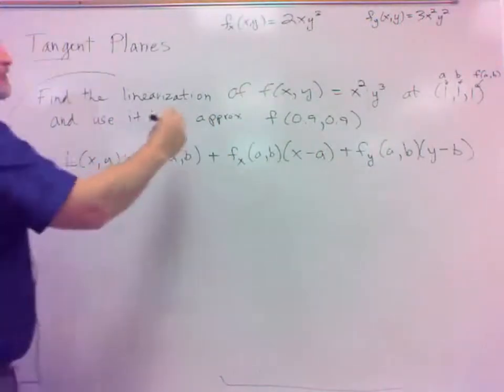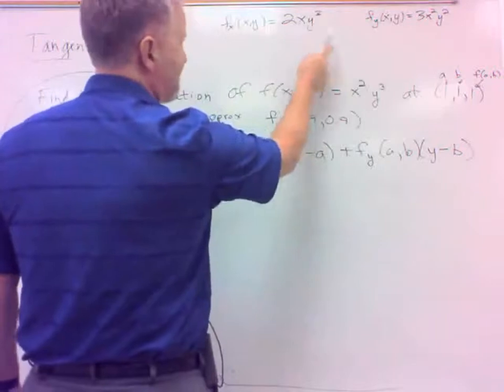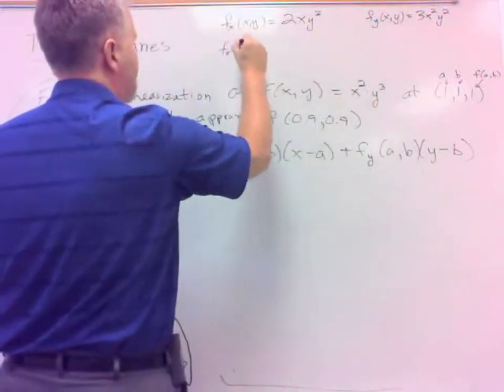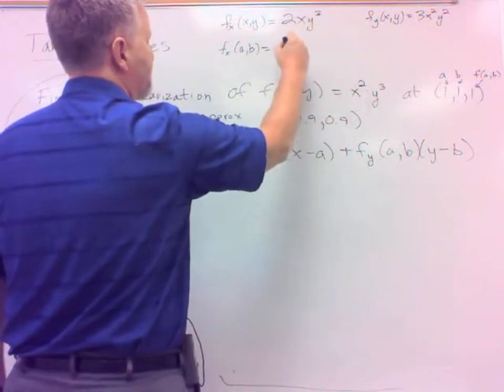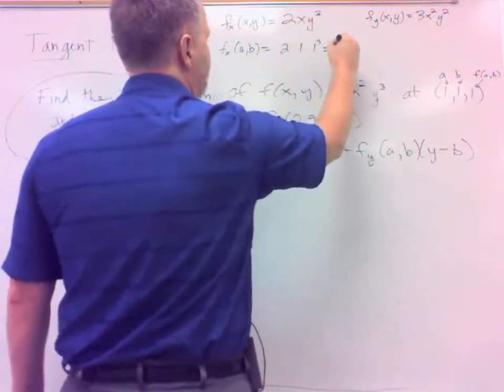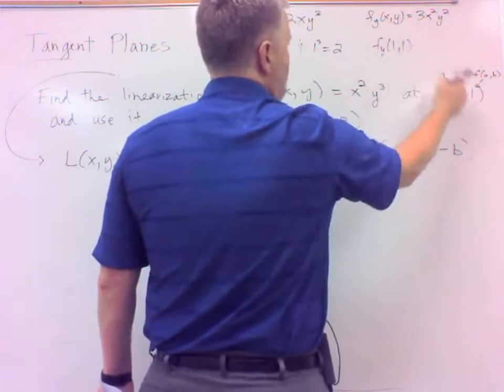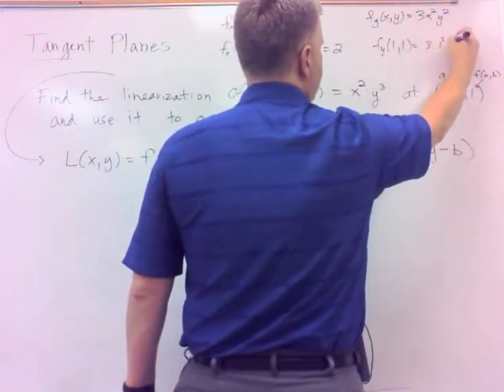All right. And so the a and the b are 1, so our f_x at (1, 1) is just going to be 2 times 1 times 1, which is 2, and the f_y at our particular (1, 1) is going to be 3 times 1 squared times 1 squared, so that's just going to be 3.